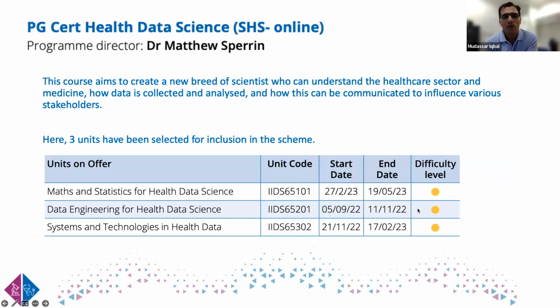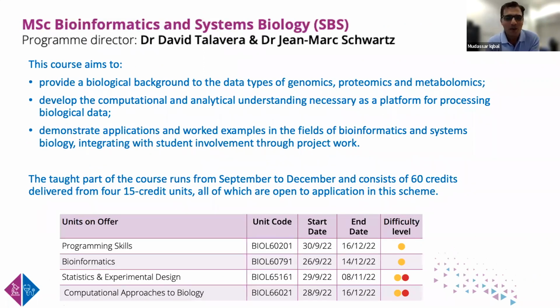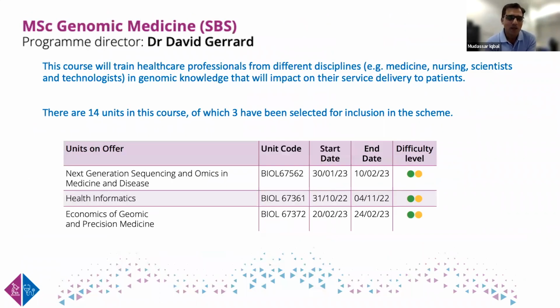I mean, this is more genomics than proteomics and metabolomics in general, all of them actually. So it's mostly genomics, but it depends on the specific course. For example, if you're talking about next-gen sequencing in omics in medicine and disease, it's mostly genetics to start with, genomic variations, and then the supporting omics like RNA and proteomics are covered, but they are not the mainstay of the course, I think.